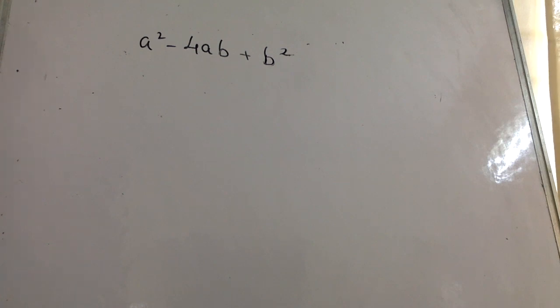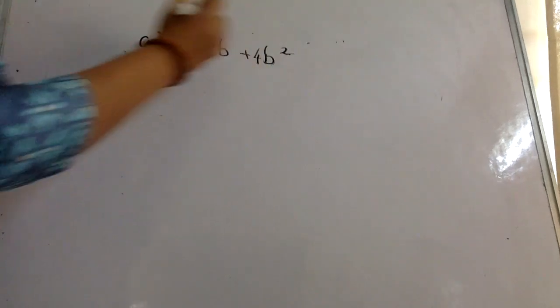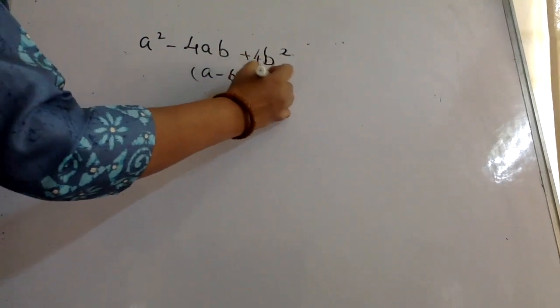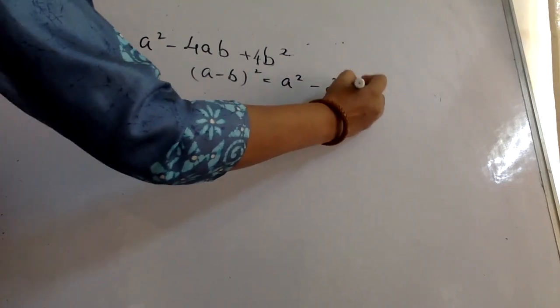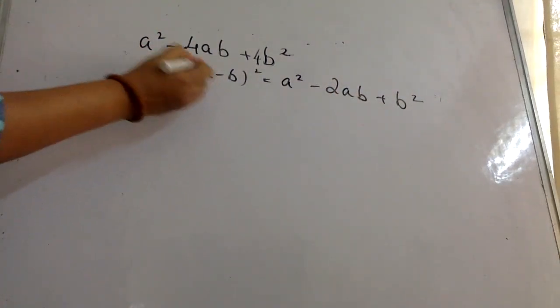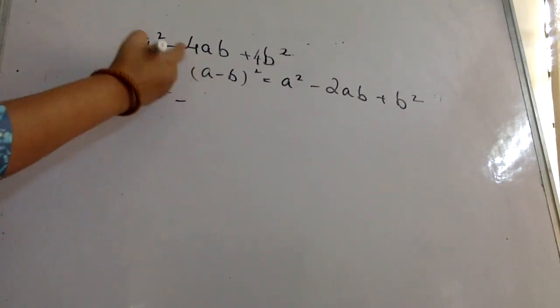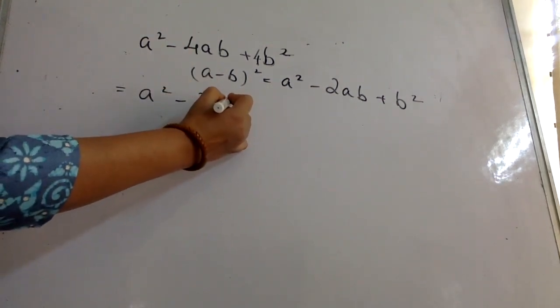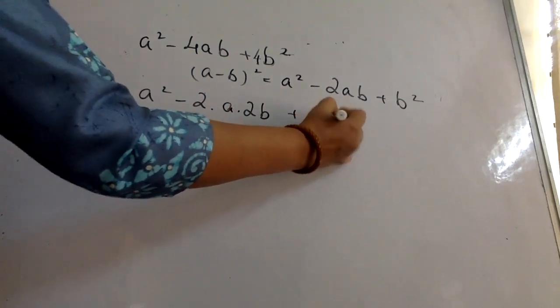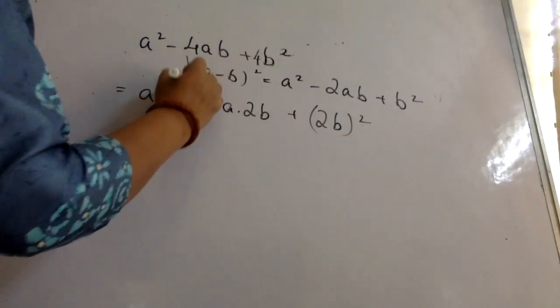One minute, I made a small mistake, I need a 4b square here. Now this is again based on the identity a square minus 2ab plus b square. If you note clearly, this is my a square term, here I have a 2 hidden, and a 2b, and this is 2b whole square.